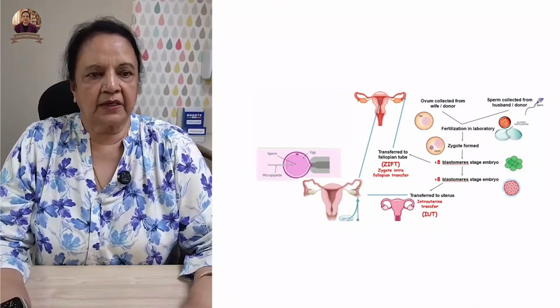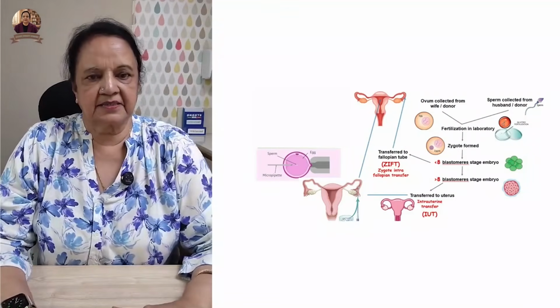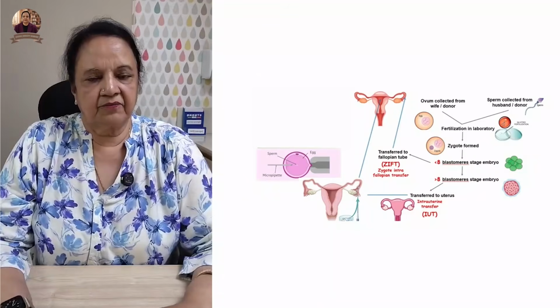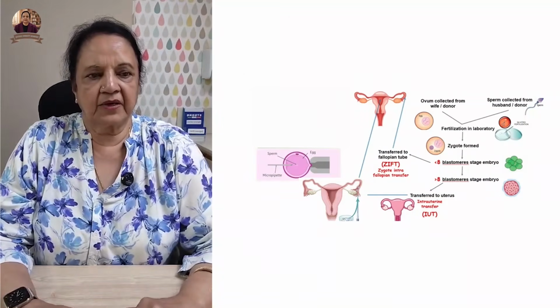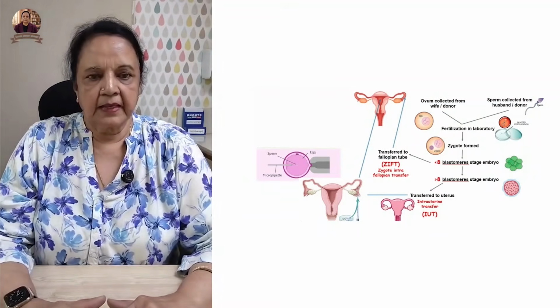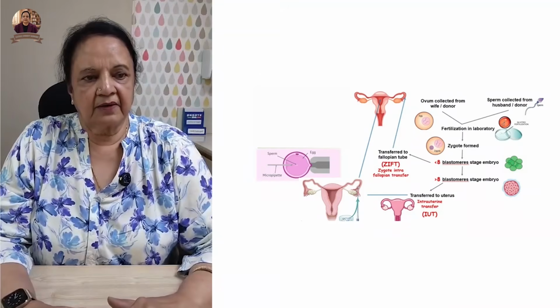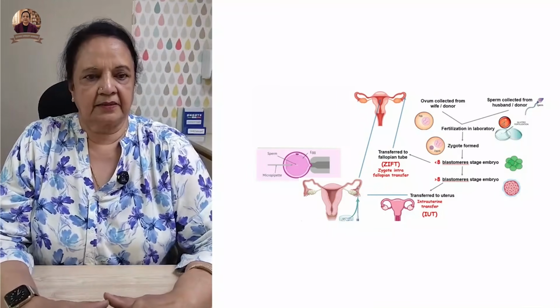Explain any one assisted reproductive technology, ART, such as IVF-ET, ZIFT, or IUT. How does it help infertile couples? Infertility is the inability to conceive even after 2 years of unprotected sexual contact.